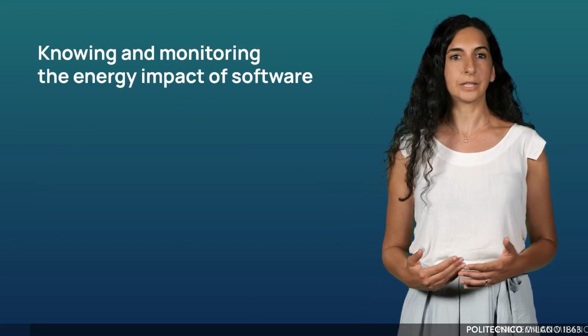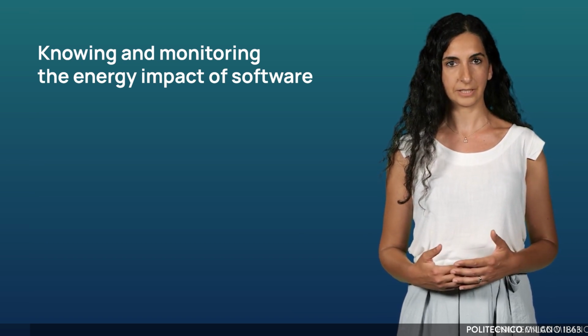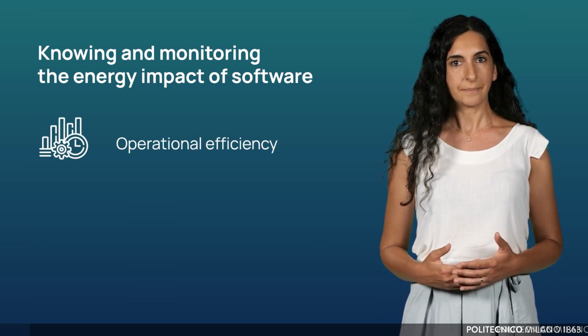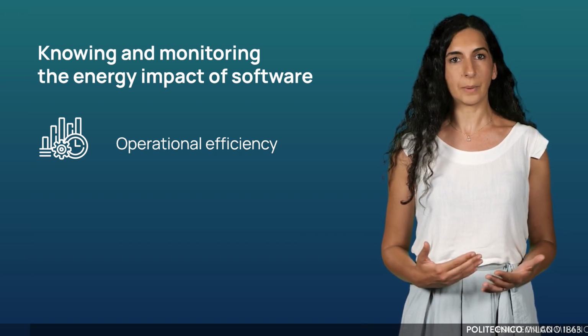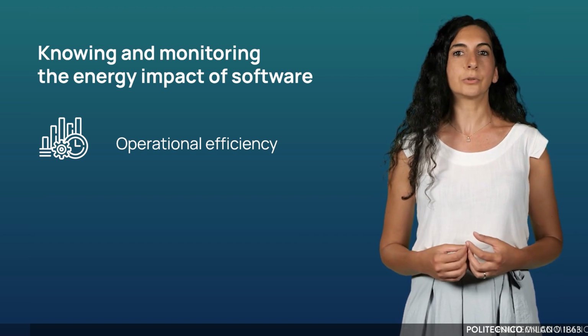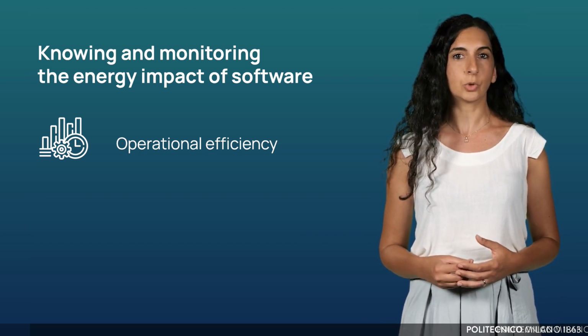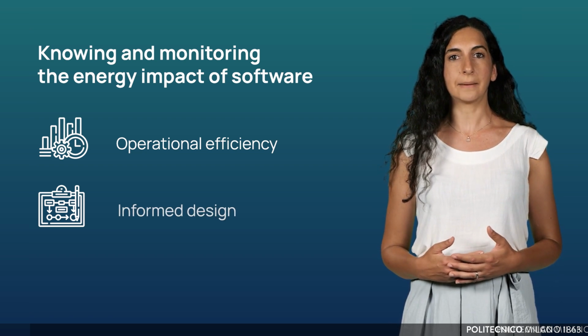Knowing and monitoring the energy impact of software is important for at least three main reasons. Operational efficiency. Measuring energy consumption helps to identify bottlenecks, waste, and inefficiencies in application behavior, which often also result in lower service quality and higher operational costs. Informed design.